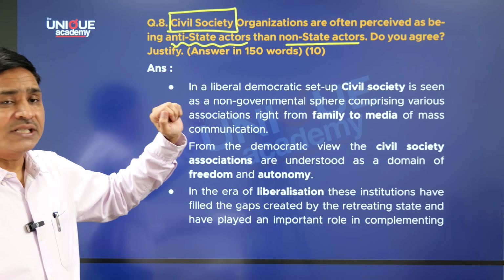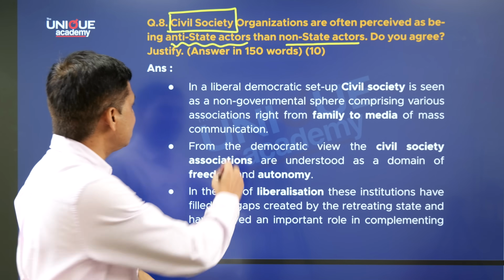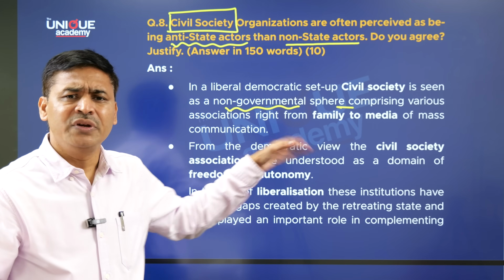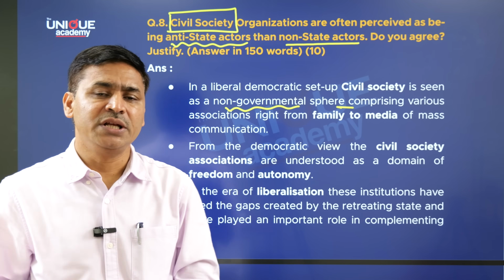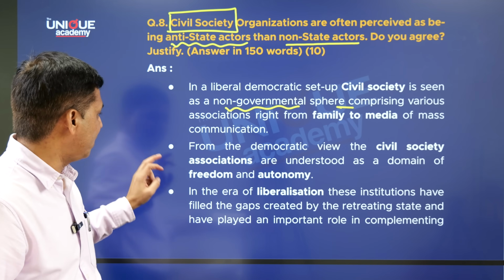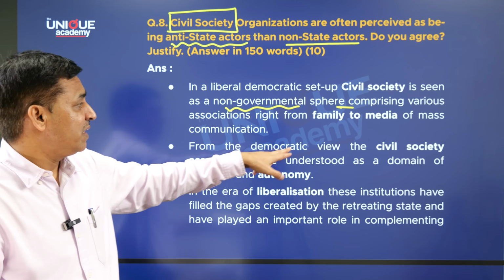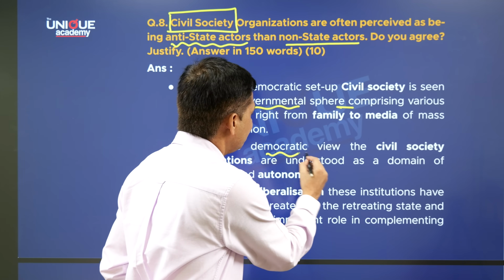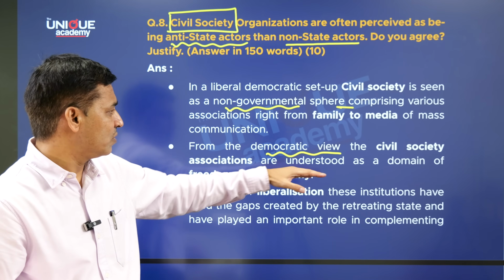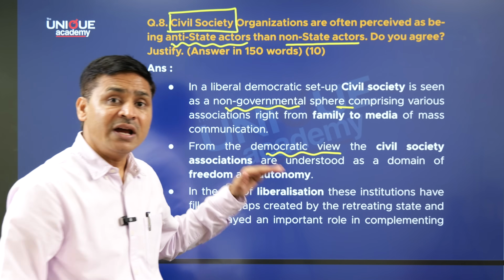Now, in a liberal democratic setup, civil society is seen as a non-governmental sphere comprising various associations, right from your family to the media, the old one, the new one, the electronic, and so on and so forth. From the democratic view, this point is very important: civil society associations are understood as a domain of freedom and autonomy.